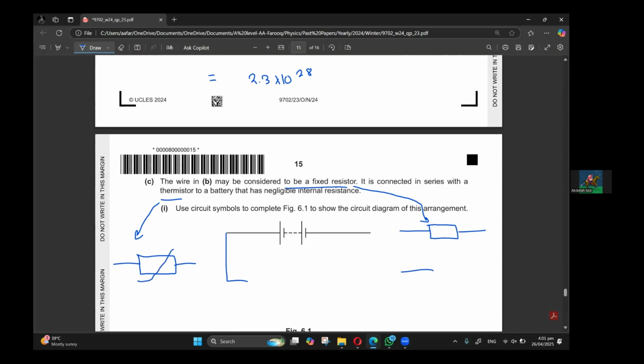So we can do it like this: fixed resistor in series with a thermistor.